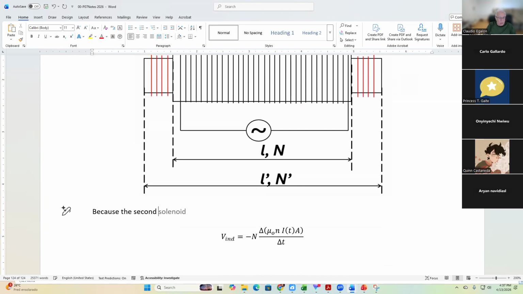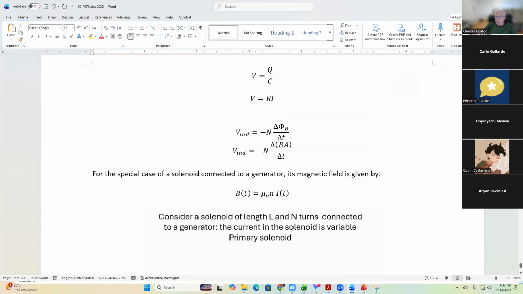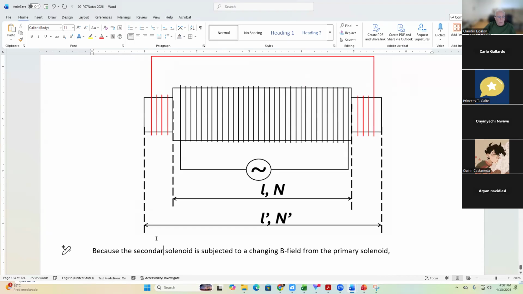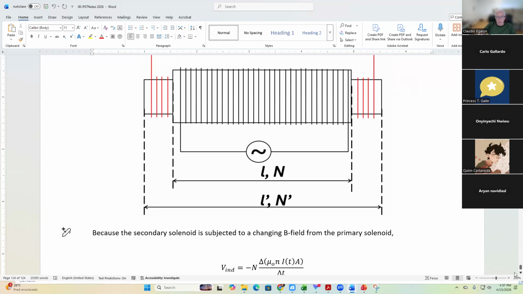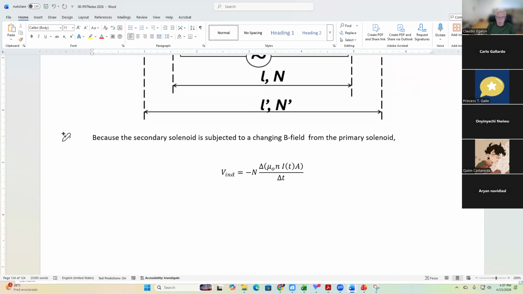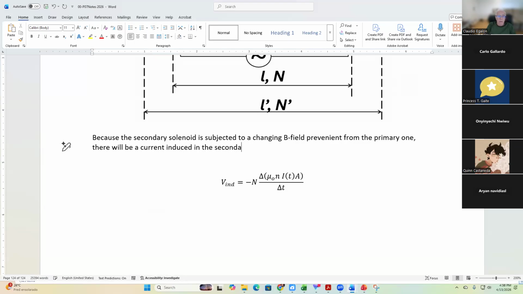So here you go. Because the secondary solenoid is subjected to a changing B field coming from the primary one, there will be a current induced in the secondary solenoid.